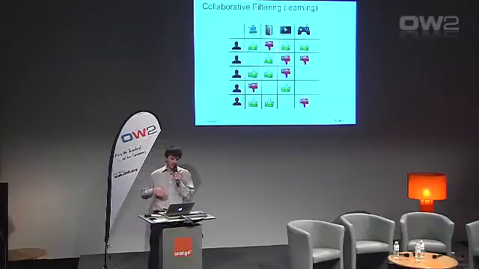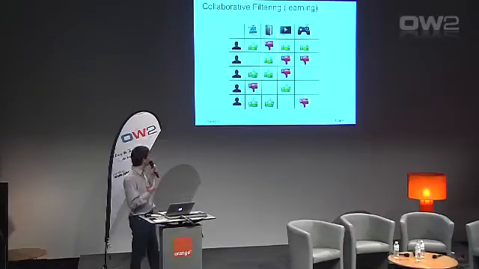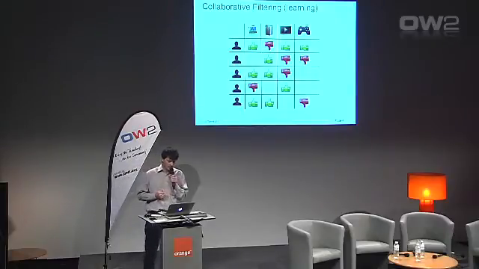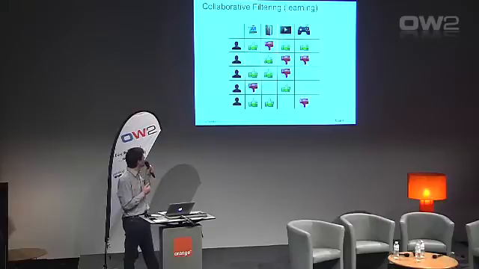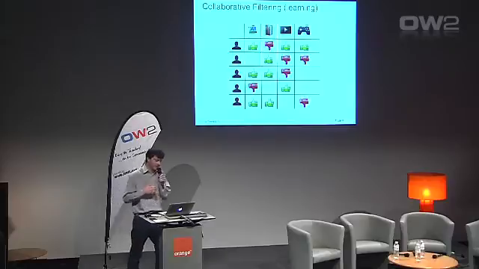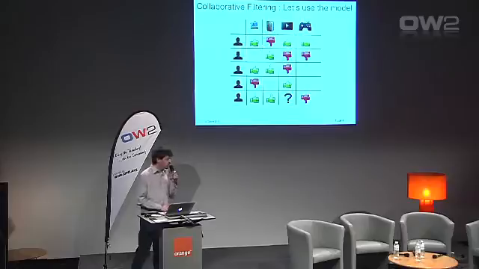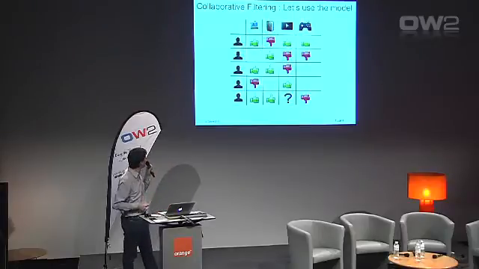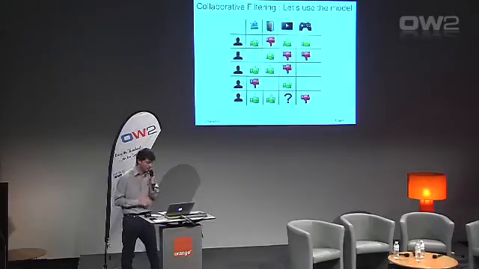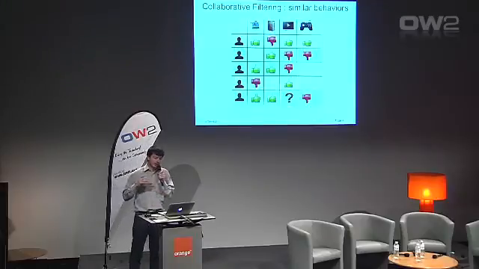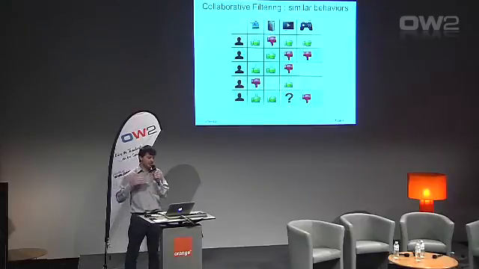And thanks to that, you learn the behavior of all your users with your products. The goal, after you have this model, is to query it to guess something. For example, I want to guess if the last user, user 5, likes the third product. To do that, the algorithm will try to find people that have the same behavior.